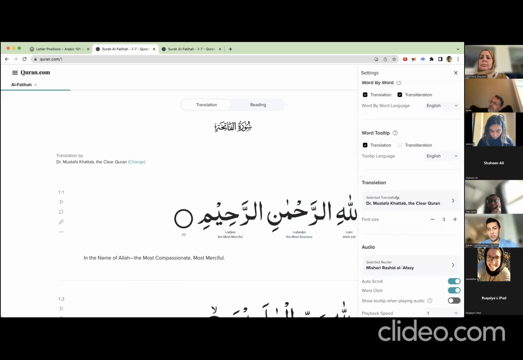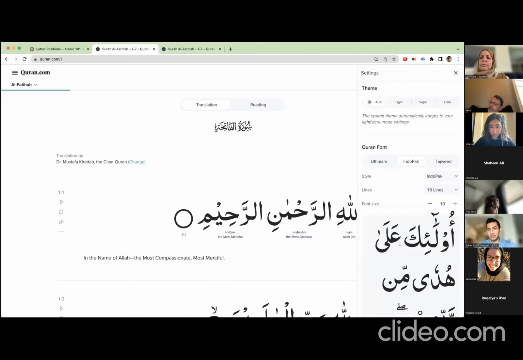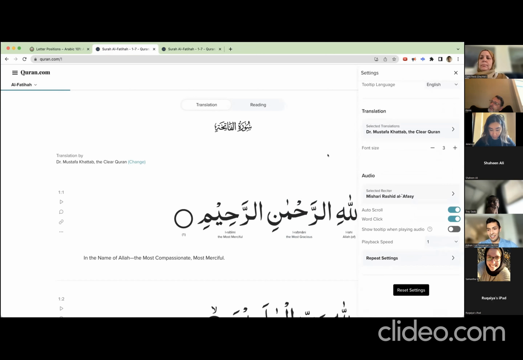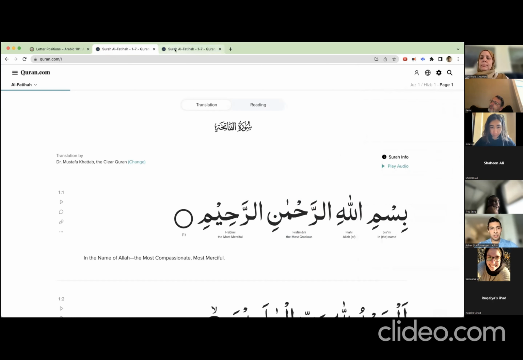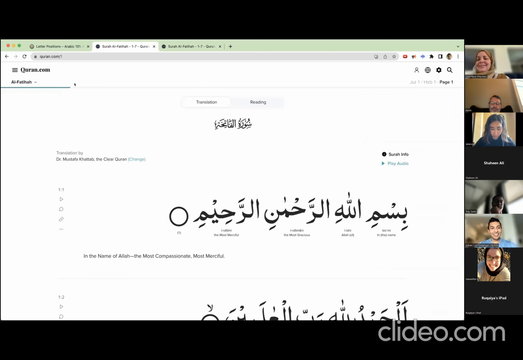And then there are multiple translations here. We'll just have what their default is. And then, those are the main things. So we'll flip between these two. Any questions there? Okay, wonderful.